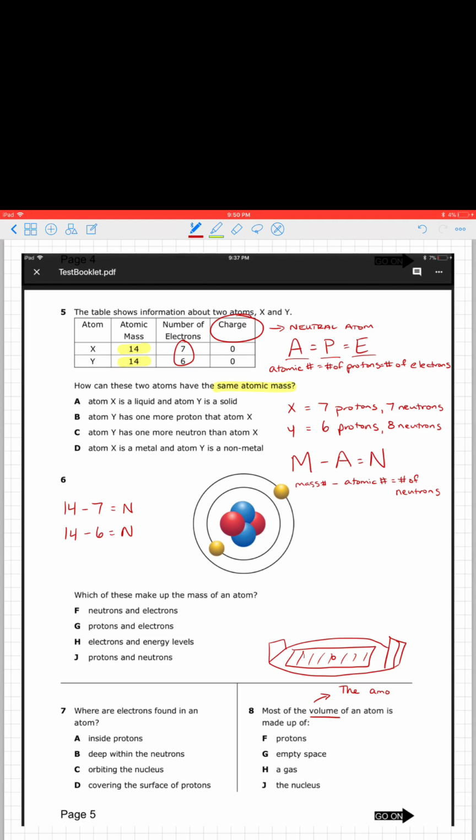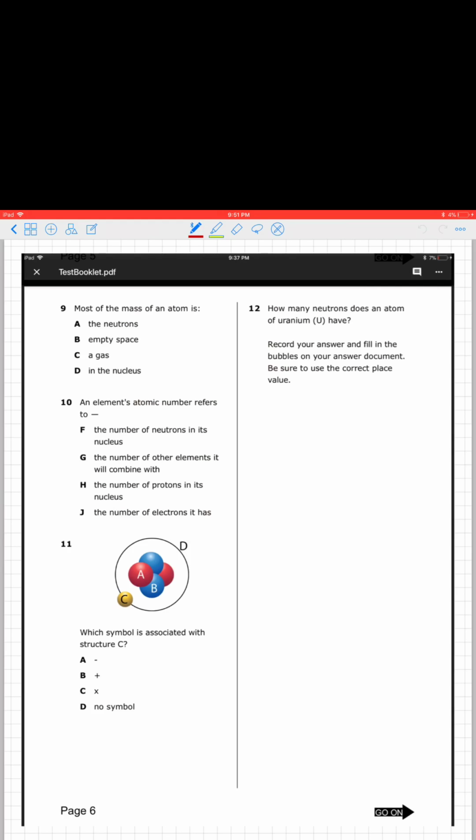The amount of space that an object takes up or occupies. So go ahead and take a second to answer this in your own words. I want you guys to write a definition for volume in your own words.